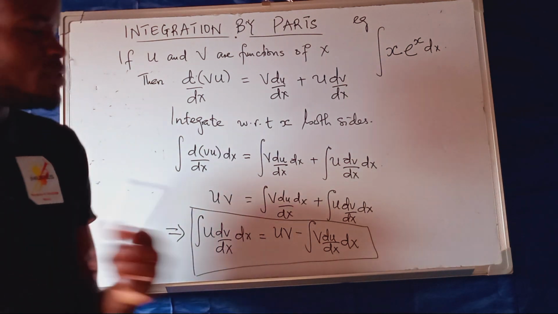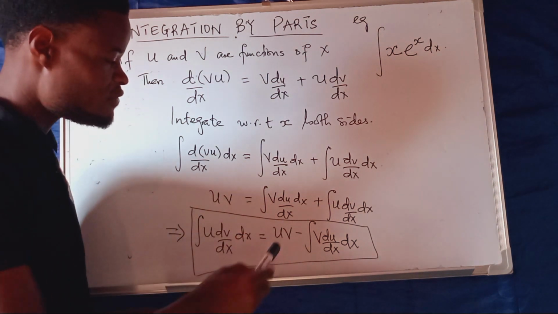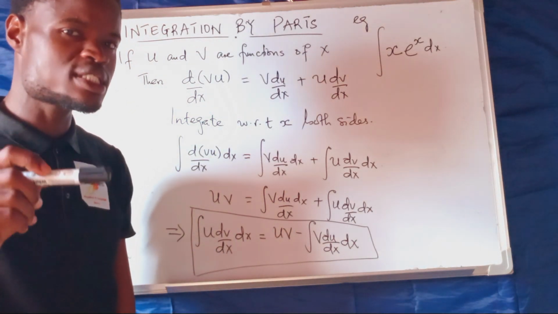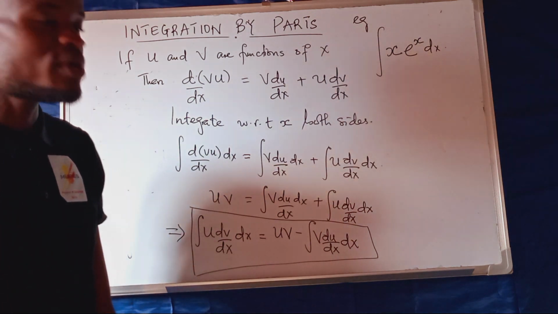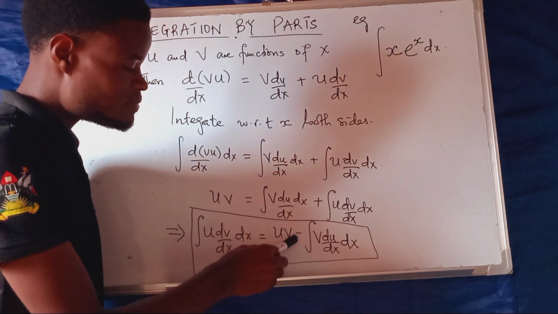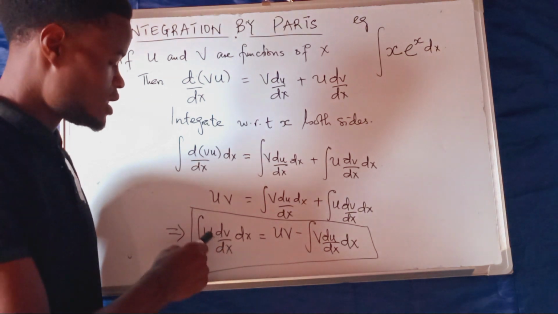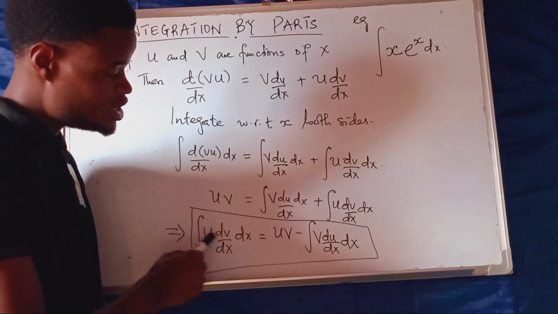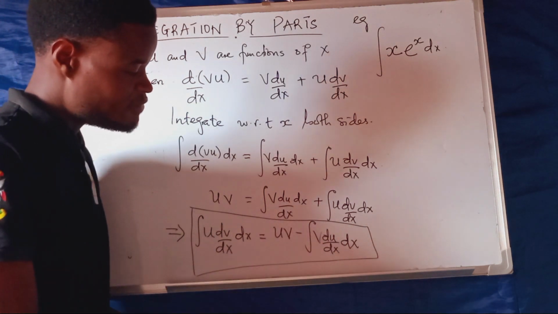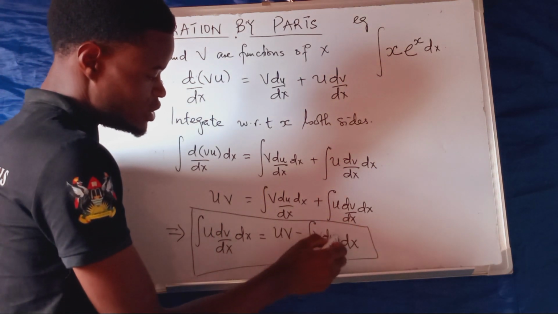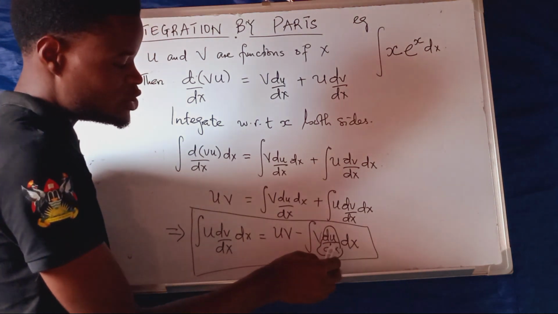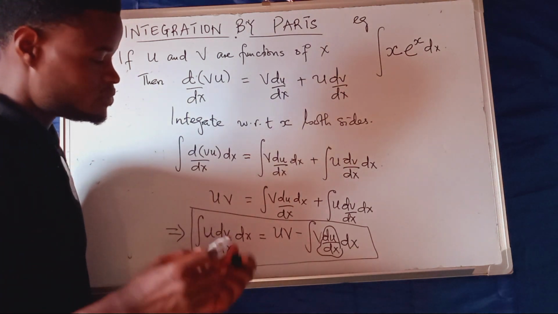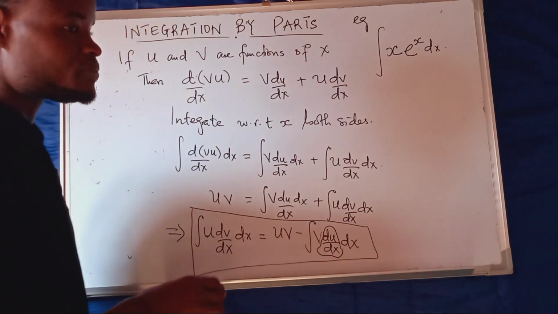Why do we do that? Because on our right hand side we have uv, yet here we have dv by dx. So we choose a function which is easy to integrate such that we can easily get our v, and we choose a u that is easy to differentiate, so that we are able to deal with the function du by dx here, which we shall replace here after differentiating. Hope that one is okay.